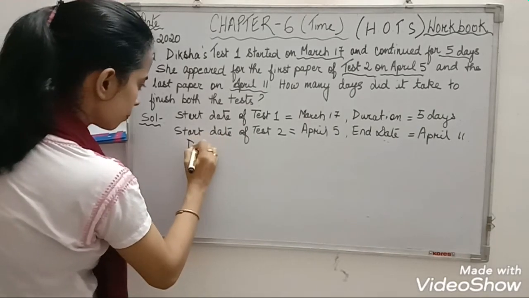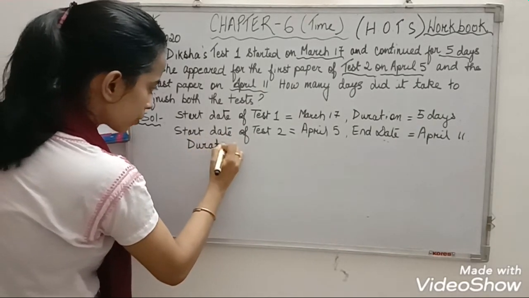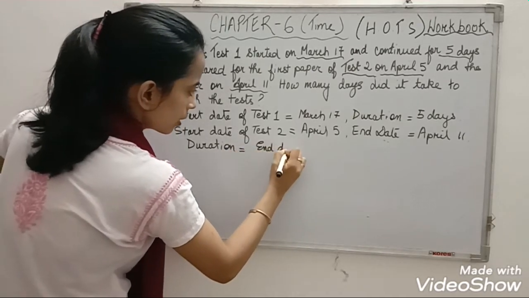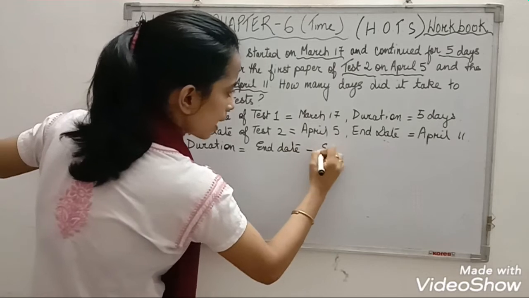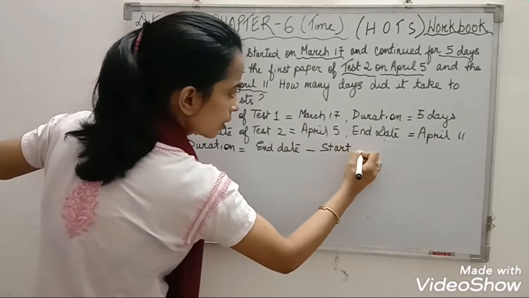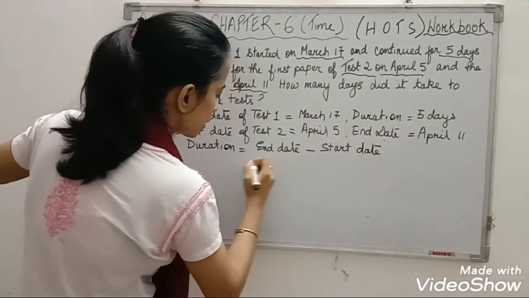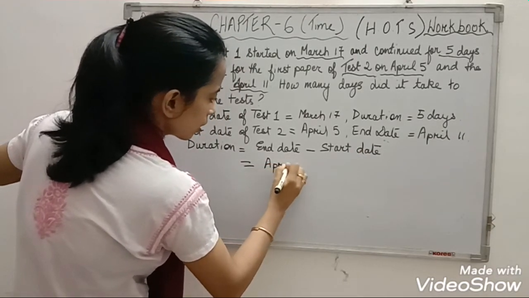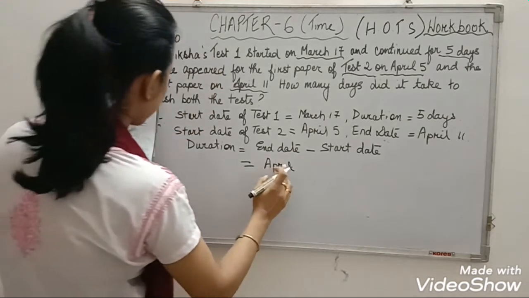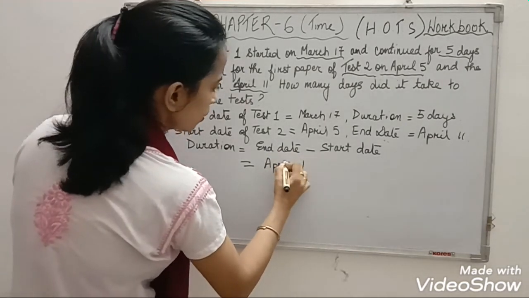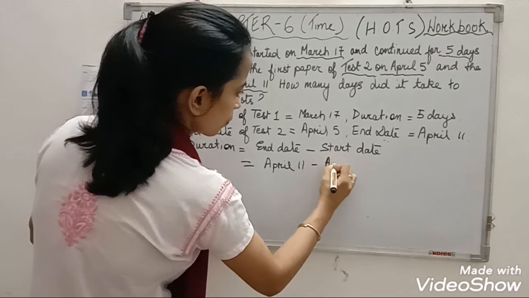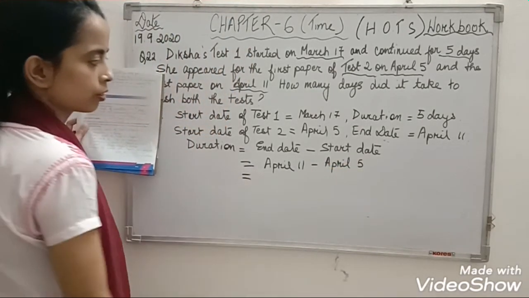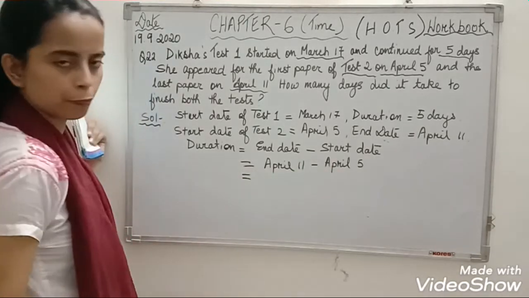So how to calculate duration? End date minus start date. The end date is 11 April. April 11 minus April 5.